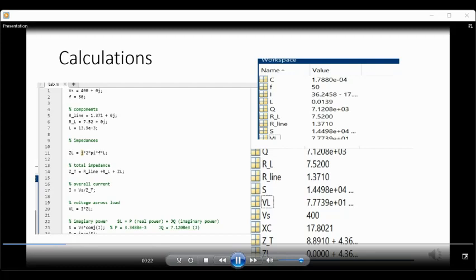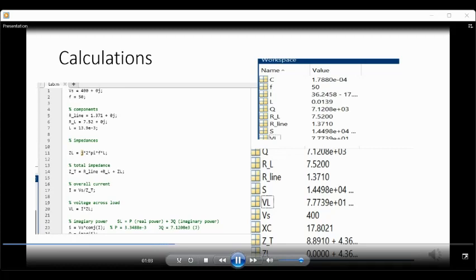We were given the values for the voltage source of 400 plus 0j and 50 hertz. Our R line component was 1.371 plus 0j. RL was equal to 7.5 plus 0j, and the impedance ZL was equal to 13.9 microfarads or millifarads.